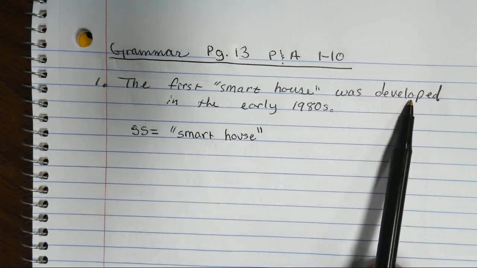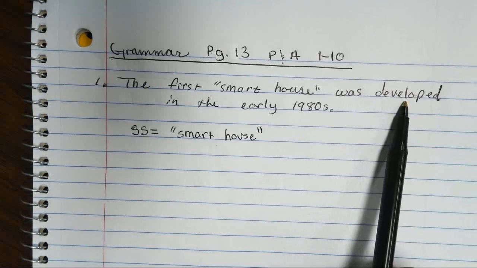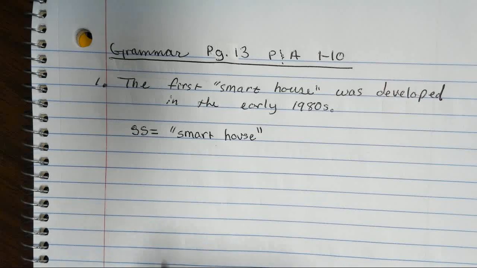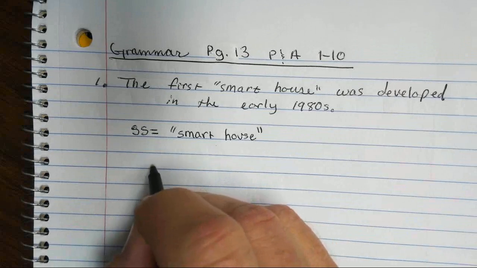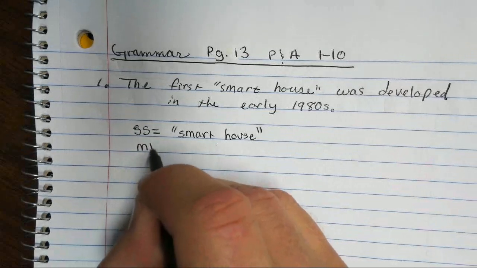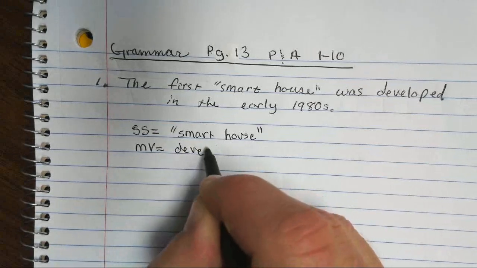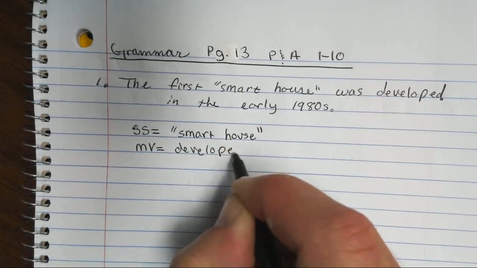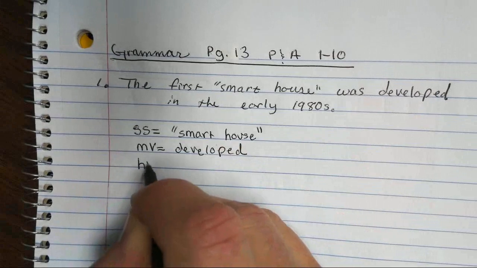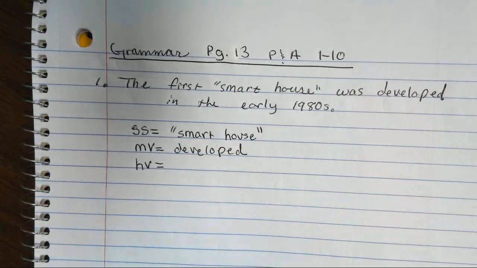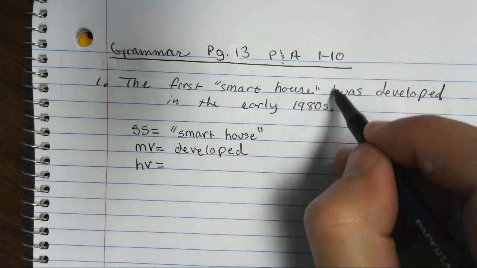Well, it develops, right? Or it will be developed. Okay? So we're going to go ahead and say the main verb equals developed. And my helping verb, what do you think it is? You should have chosen was.